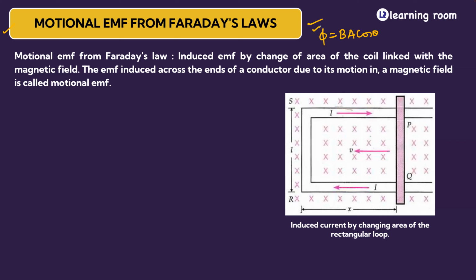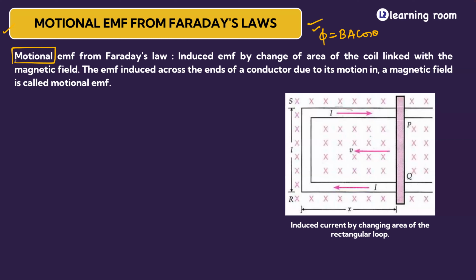If you observe, the flux has to change. Either of the parameters can change, keeping the other two constant. As the name suggests, when I say motional EMF, the conductor is going to be in motion.